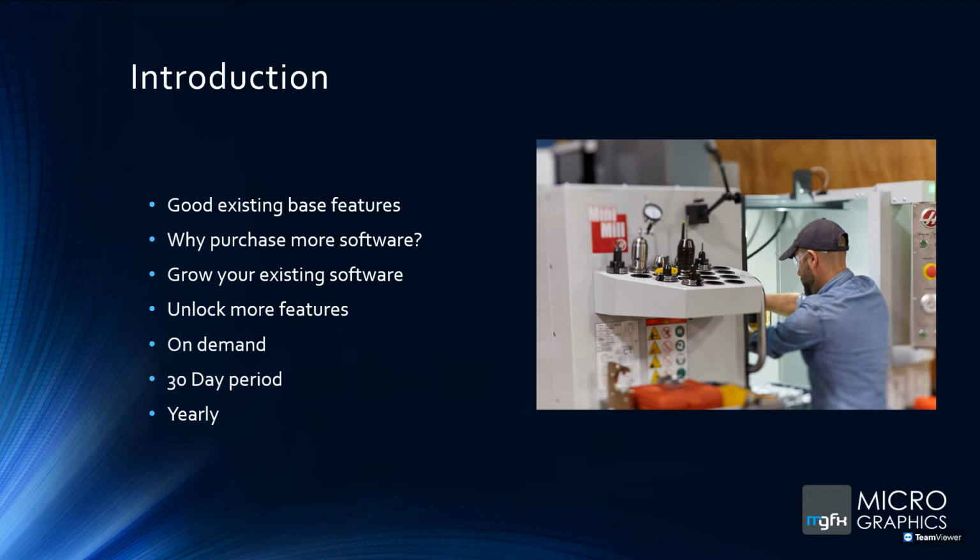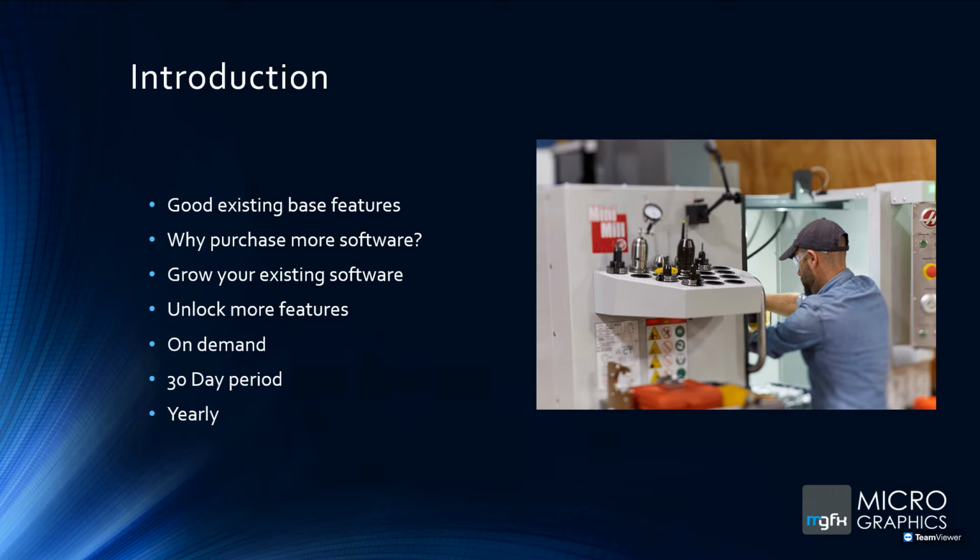So what Autodesk have done is they've taken Fusion 360 and they allow you to expand the features. So no, you don't need to go and buy extra software. What you can do is expand the features directly inside of Fusion 360 by subscribing to the manufacturing extensions. So this can be done on an ad hoc basis, basically on demand from within the software, and the purchase of the extensions will then be valid for a period of 30 days.